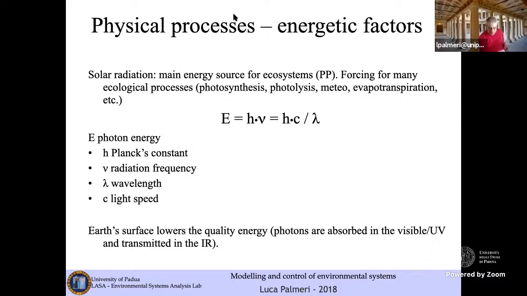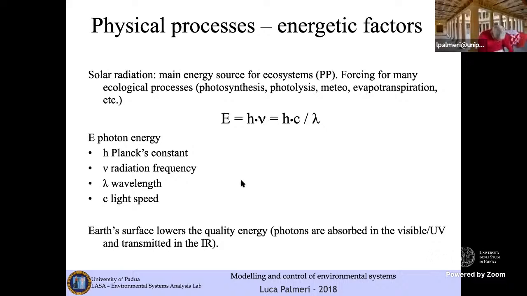How do we measure the effect of solar radiation? Trivially, we know from the Planck relationship that the energy associated with radiation is equal to the Planck constant h times the radiation frequency nu, or we may rewrite it as h times the speed of light c divided by the wavelength lambda.